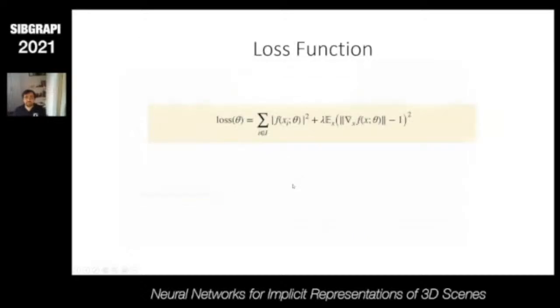The authors suggested the following loss function. The first term forces the network to vanish on the surface points, or if you prefer, to be zero on the points. And the other component solves the eikonal equation.